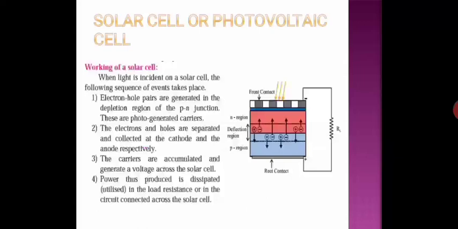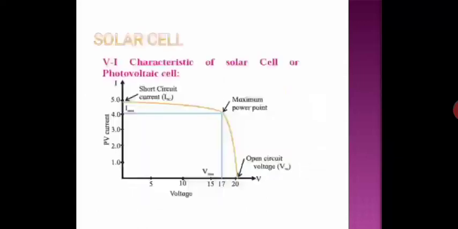Second, the electrons and holes are separated and collected at the cathode and the anode respectively. Third, the carriers are accumulated and generate a voltage across the solar cell. And fourth, power thus produced is dissipated or utilized in the load resistance or in the circuit which is connected across the solar cell. The IV characteristics of solar cell are as shown in figure.